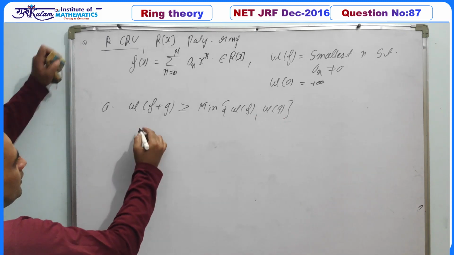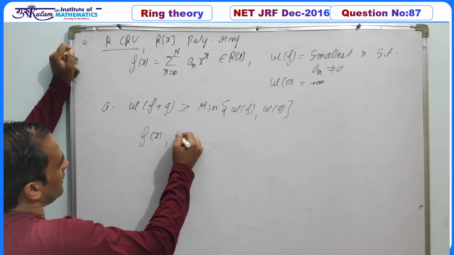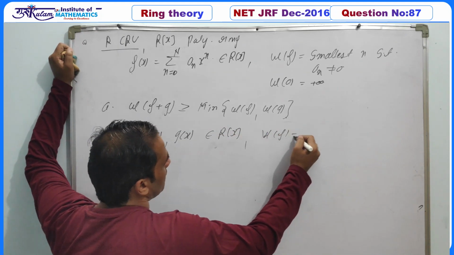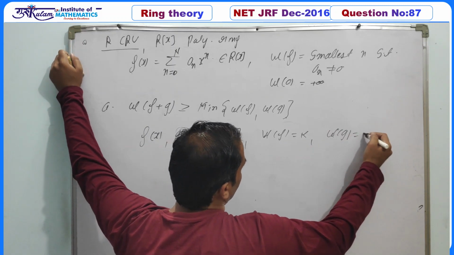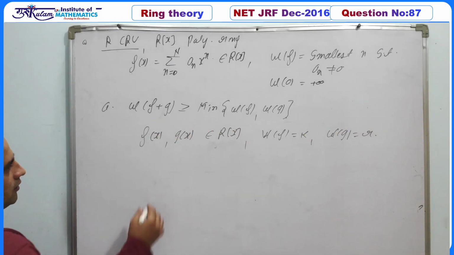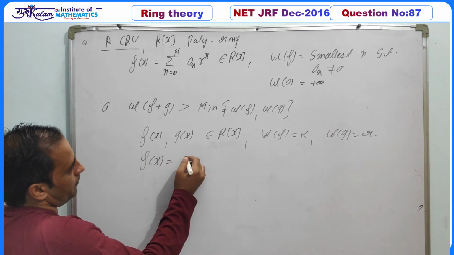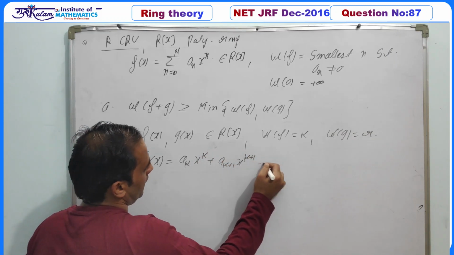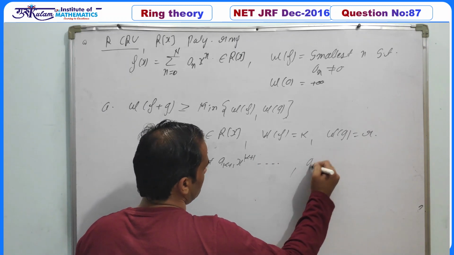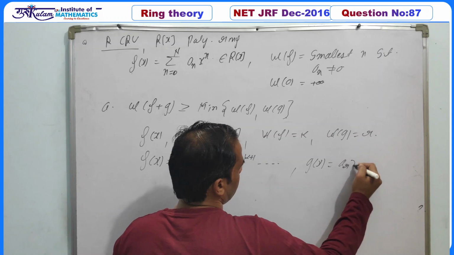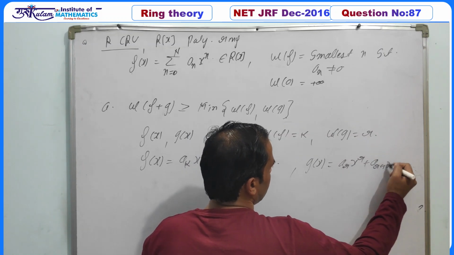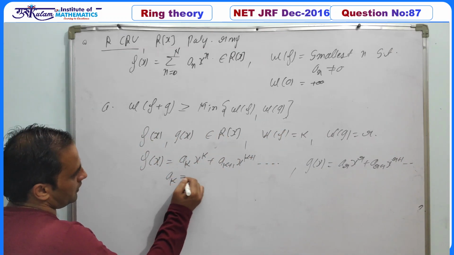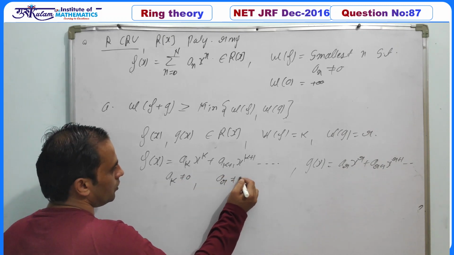Now in this case, if we take f(x) and g(x) belonging to R[X], assuming that W(f) is some k and W(g) is some r, then f(x) must be of the form a_k x^k plus a_{k+1} x^{k+1} and so on, and g(x) must be of the form a_r x^r plus a_{r+1} x^{r+1} and so on, with a_k non-zero and a_r also non-zero.